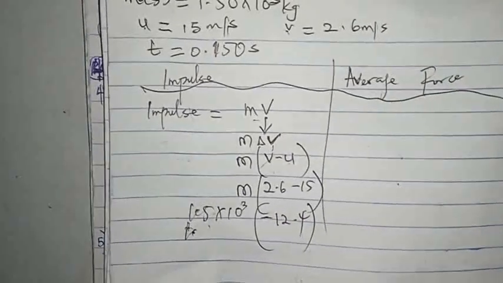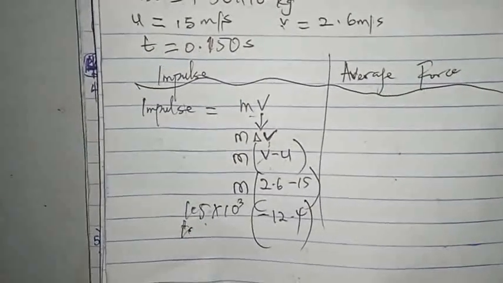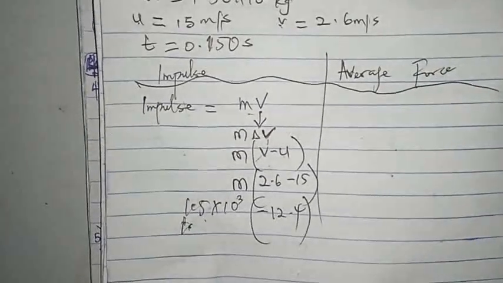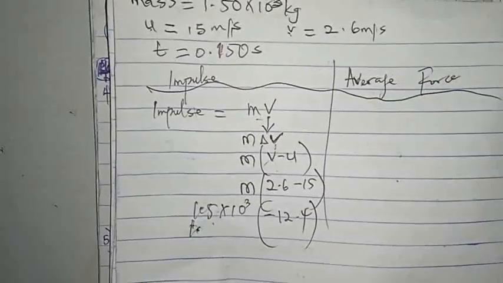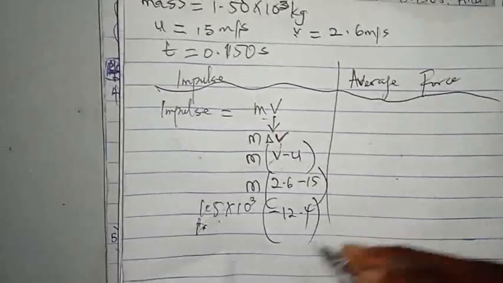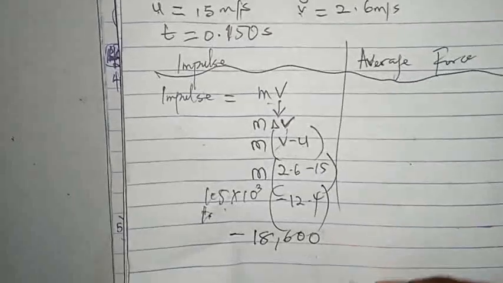So 1.5 times 1000 is 15. So 15 times negative 12.4 is negative 18,600.